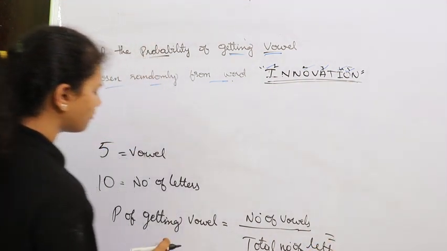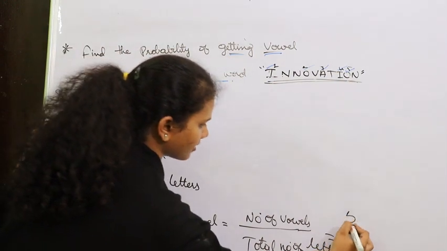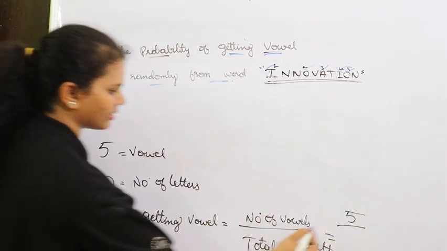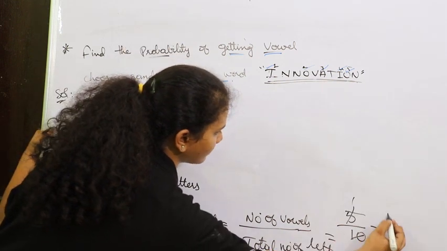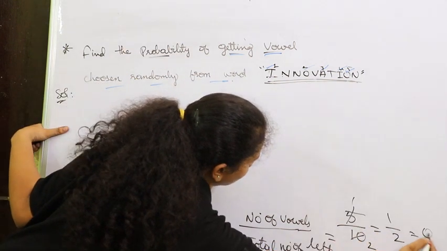Okay, so number of vowels, how many vowels do we have? 5. 5 upon total number of letters, how many are there? 10. So that's what 10. Clear? 5 times 1, 5 times 2, this gives half. 1 by 2 is nothing but 0.5.